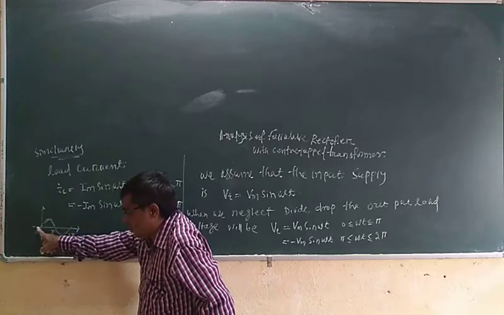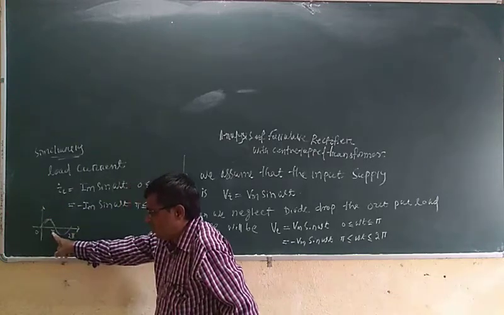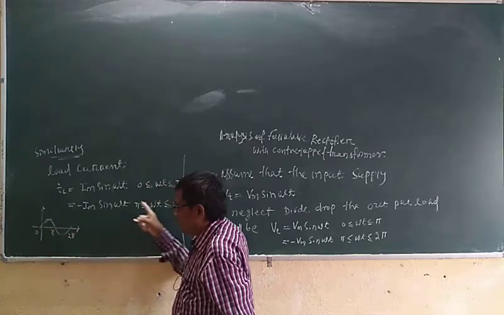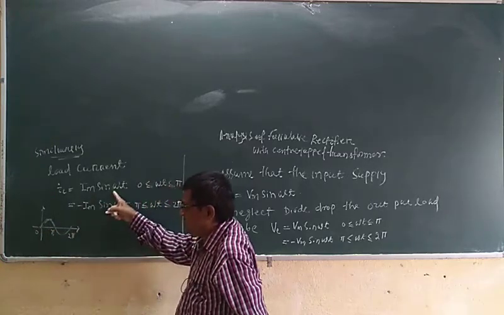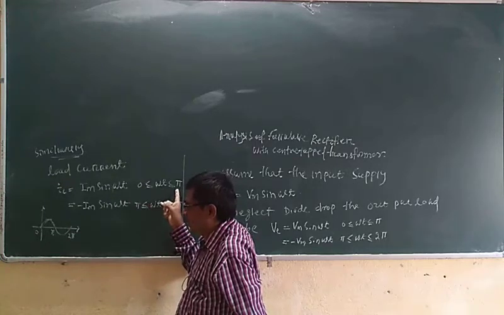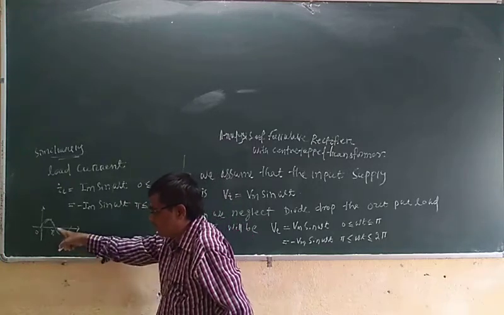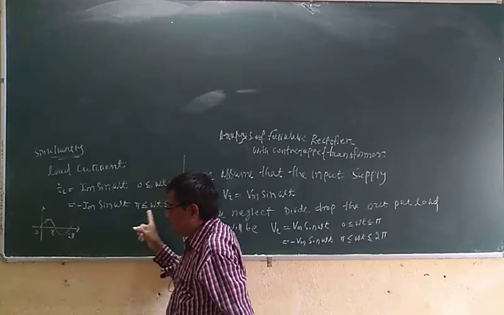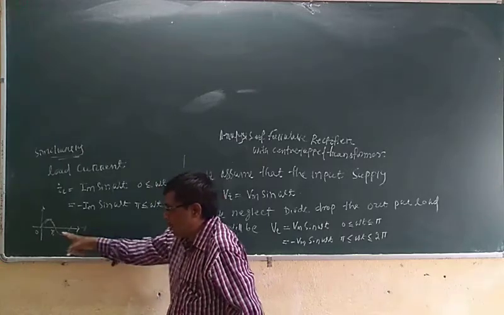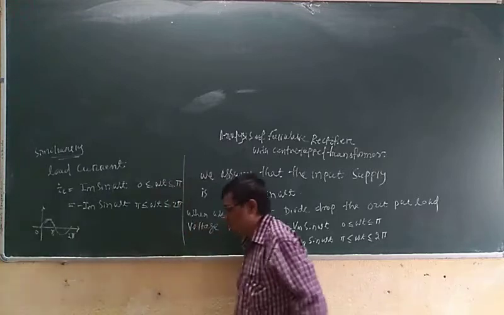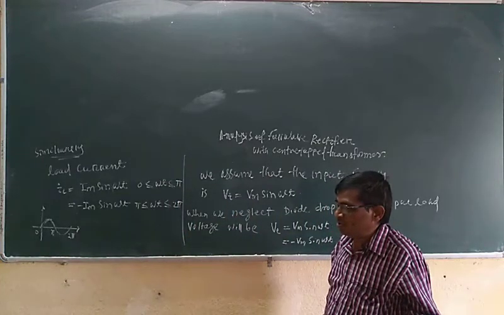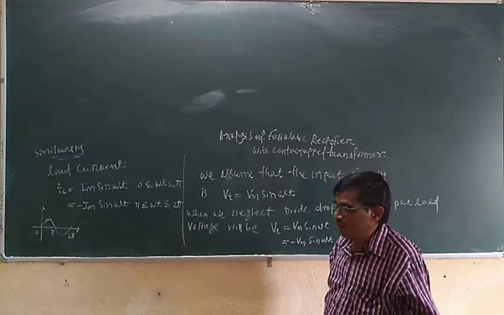The time period will be 0 to pi, so the angle omega t is in between 0 to pi. The next half cycle, the negative half cycle, is minus Im sin omega t, but in duration omega t is pi to 2 pi. So this is the load current of the output rectifier circuit through the load.